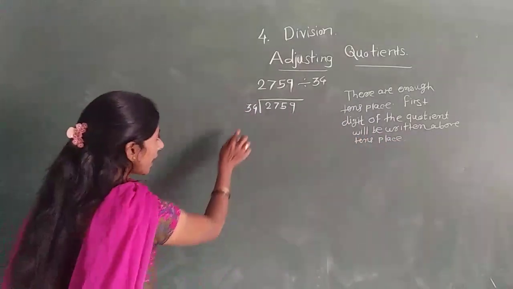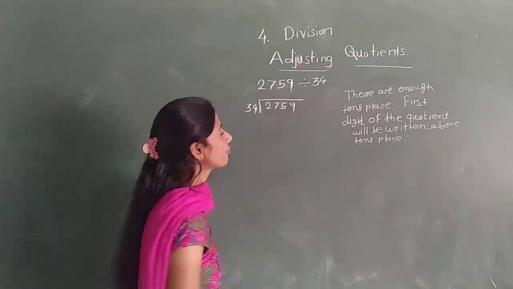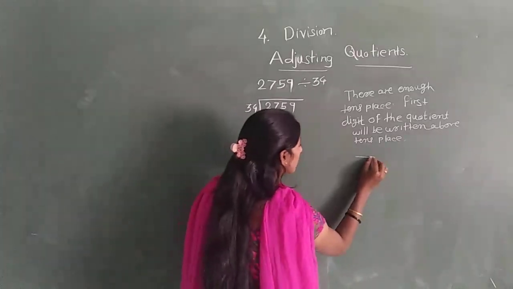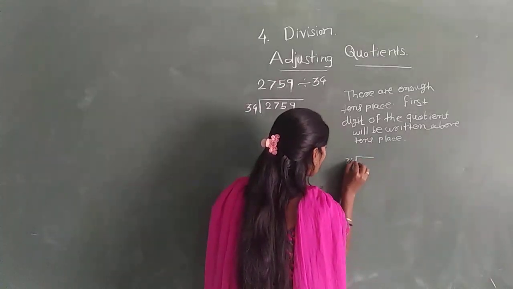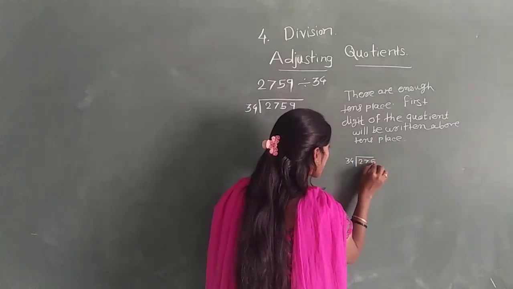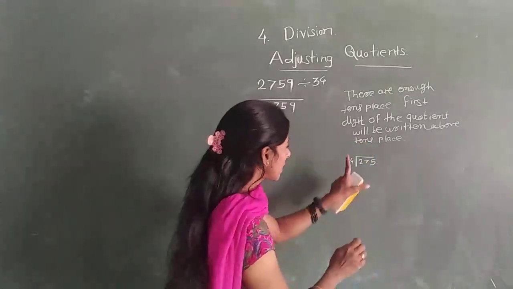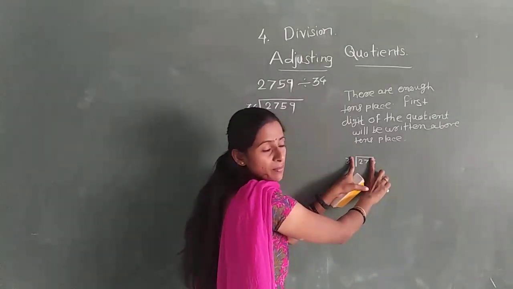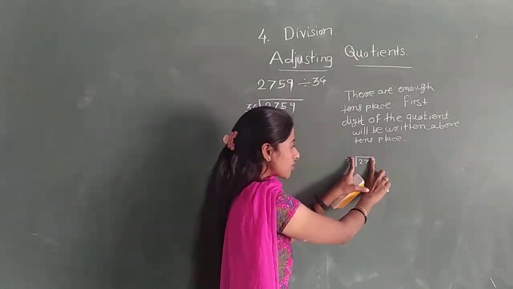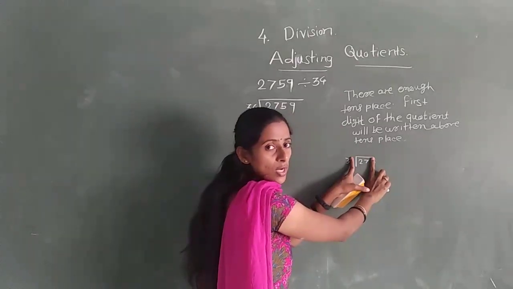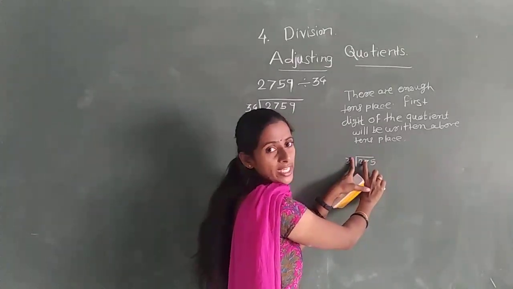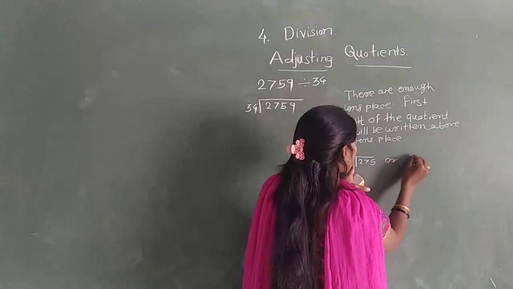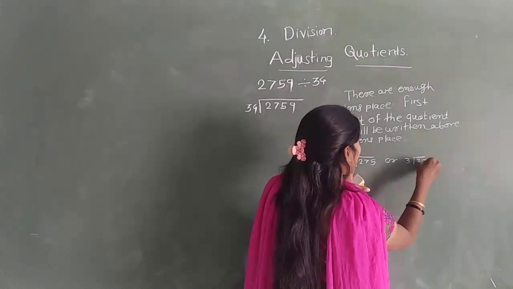So the first step is to decide where to start. Here we have 34 and 275. Only consider the first digit of the divisor and the first two digits of the dividend. The 4 and the 5 are not considered, only 3 and 27.